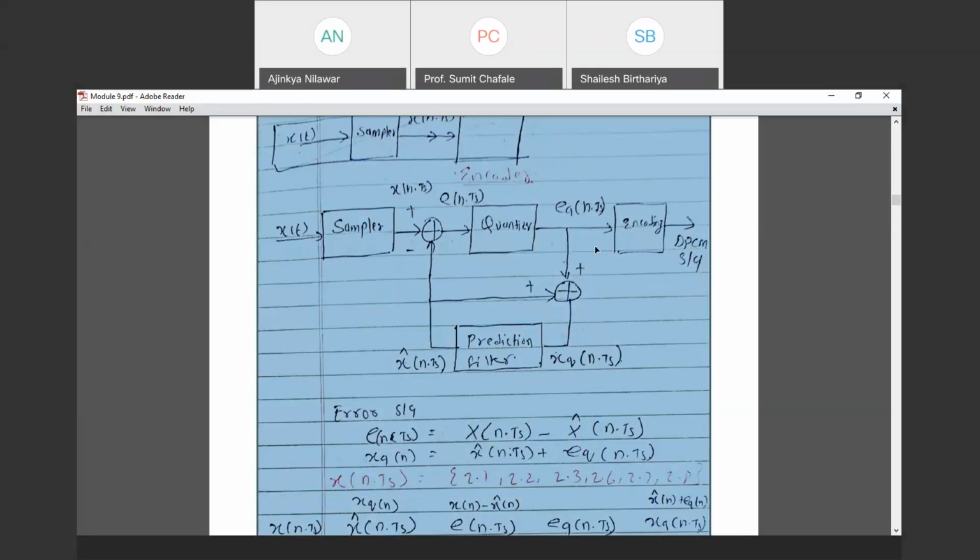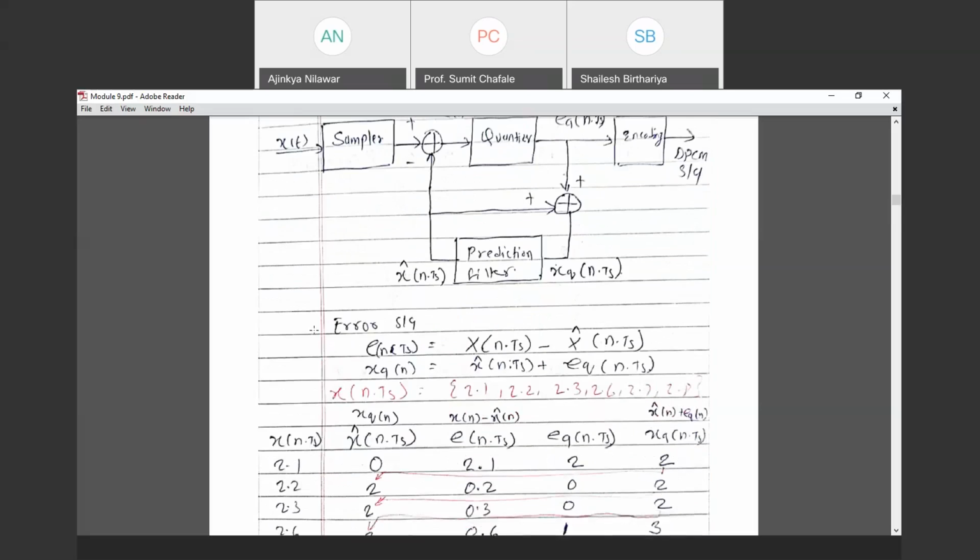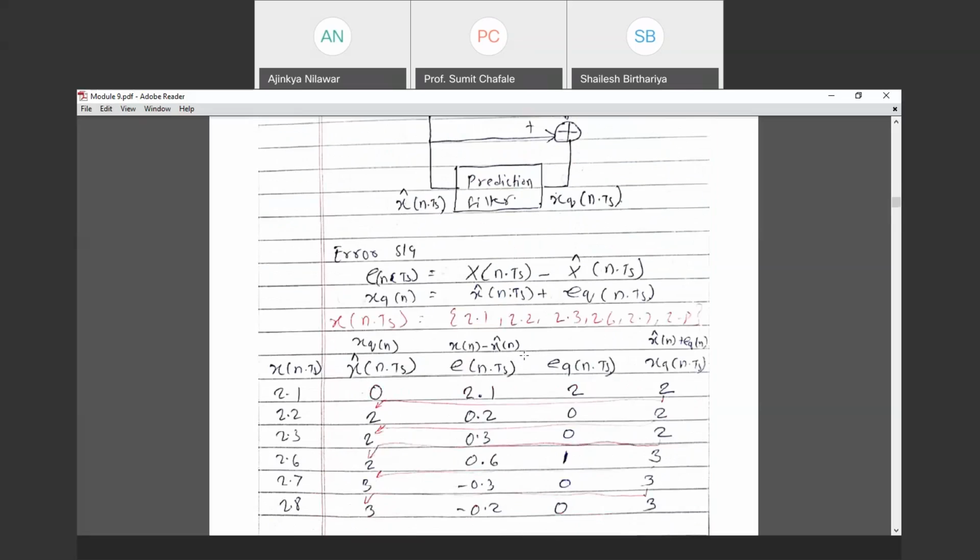So X cap of n, initially there is no value, initially it is 0, right? Error generated is 2.1 minus 0. Here error is X of n minus X cap of n, 2.1. EQ of n, that means the quantization level, here 0.1 is there. Whenever we do quantization, the point gets removed. We consider the ceiling concept, or rounding off, of 2.1.